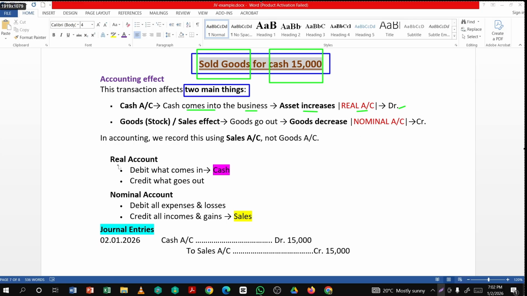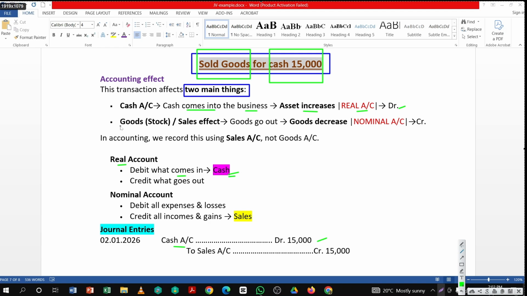In the golden rule of account, real account, what comes in will be debit. Here cash comes in, so cash increases, that is asset increase. The transaction will be cash account debit 15,000 taka.